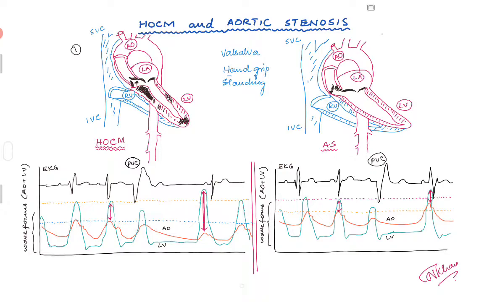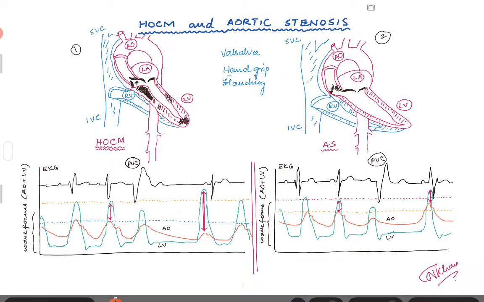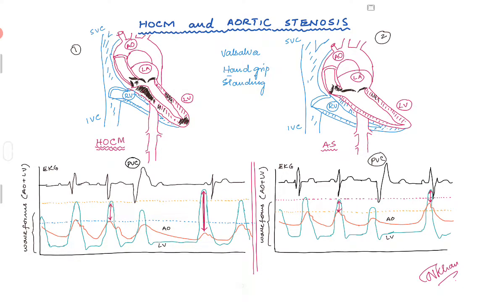In comparison to that, if you look at picture 2 here, you have a normal left ventricular mass. With somebody who's got aortic stenosis, there could be concentric hypertrophy. If it is a long-standing aortic stenosis, patients can have heart failure and low EF as well. But in this example, we'll just keep it.